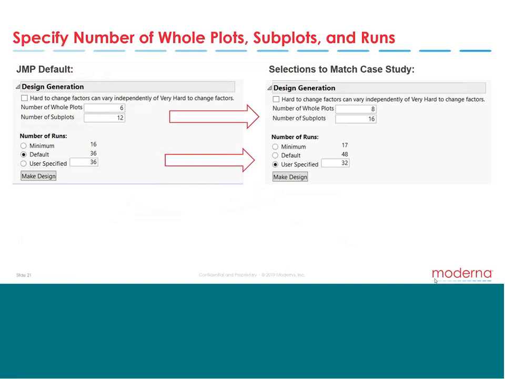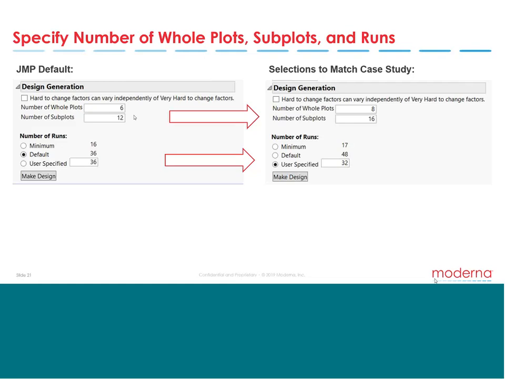And they select 6 whole plots, which actually means that there's no way that you would have a completely balanced design, with every single combination of the 2 spray dry temperatures in the whole plots twice.